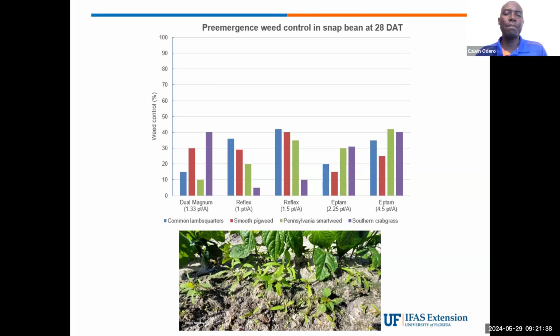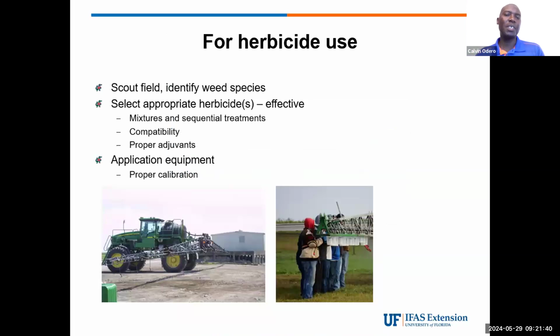To end my talk, for herbicide use, always remember to scout your fields and make sure you identify weeds correctly. Then select your appropriate herbicides, and ensure that you also do proper equipment calibration, so that when you apply the herbicide, you apply it at the right rate.